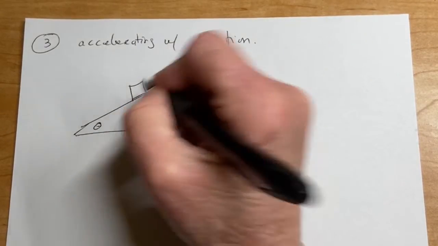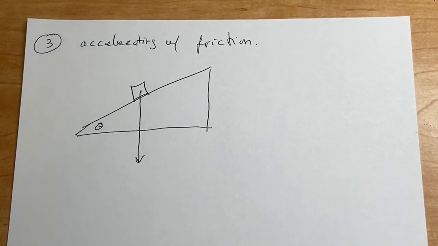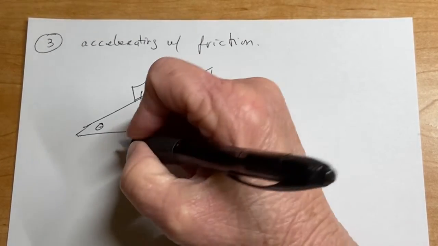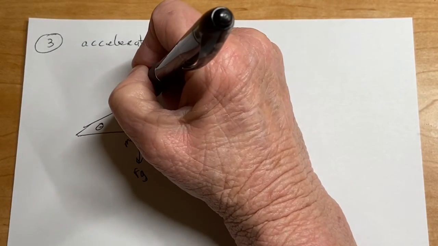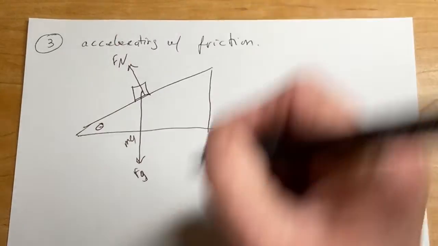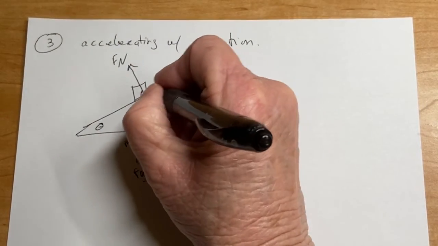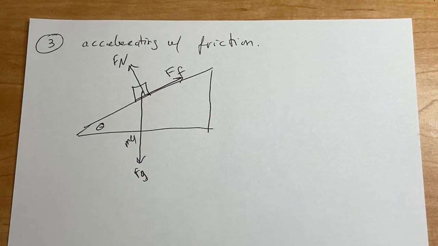Here's my object. So we know we have gravity, Fg, also mg on the side. We have F normal, and if I want to put it specifically, it would be at the surface, although we tend to put them at the centers. And then we have friction.